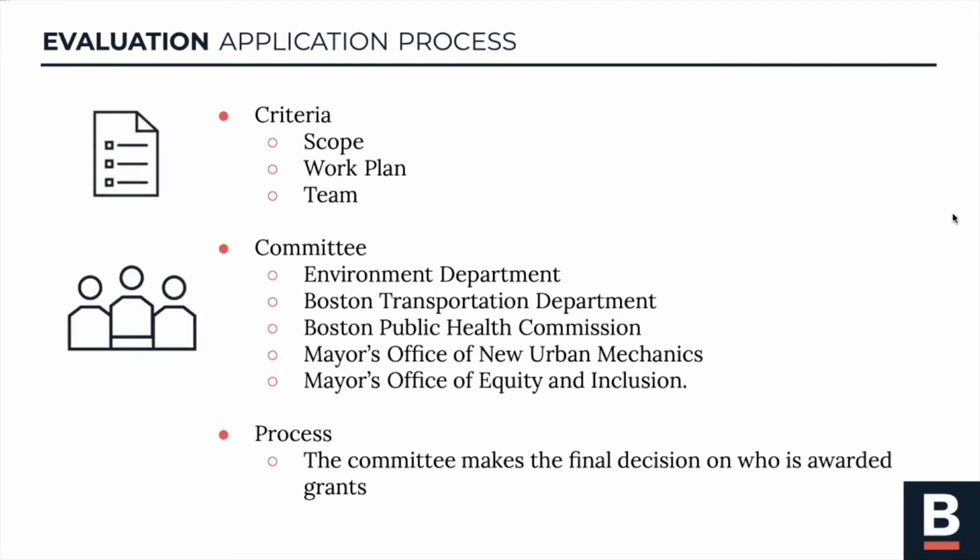To move into the second phase of our application process, just to give everyone a sense of how the evaluation process will work internally and externally, we have provided the evaluation criteria on the webpage. Again, it's translated so everyone has a sense of what we will be looking for and how we will be reviewing the project proposals. The criteria is split into 3 different sections. The scope of your project, what you're hoping to do, your intentions, your goals, and then the work plan.